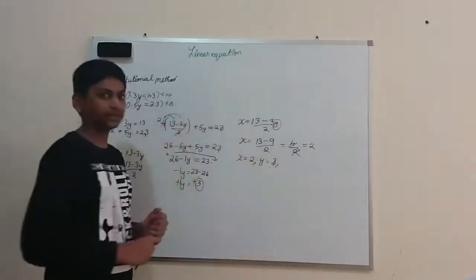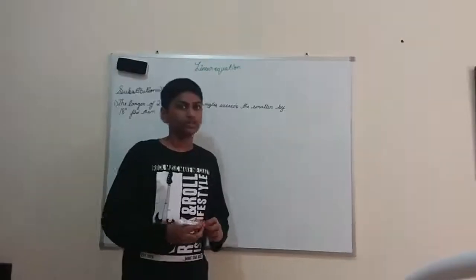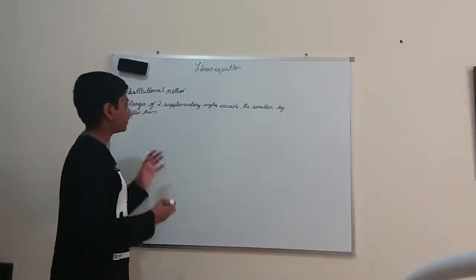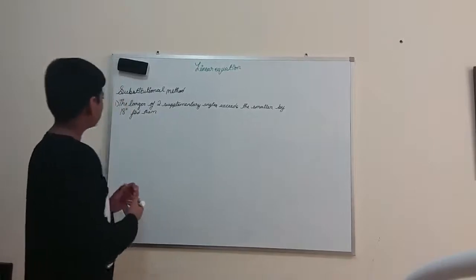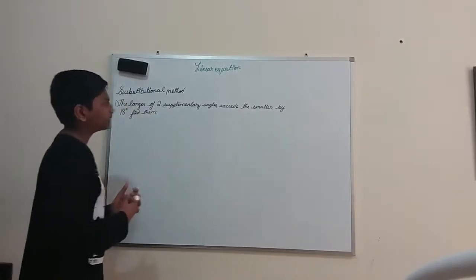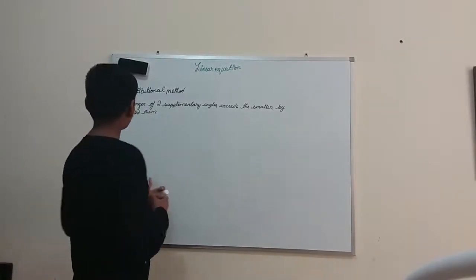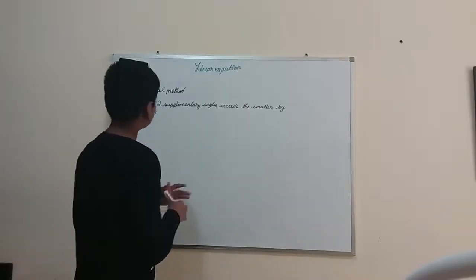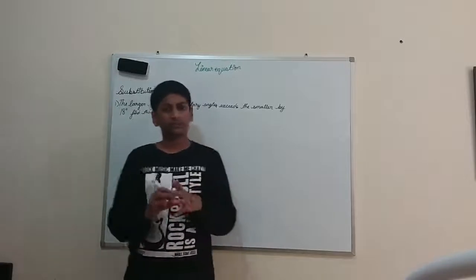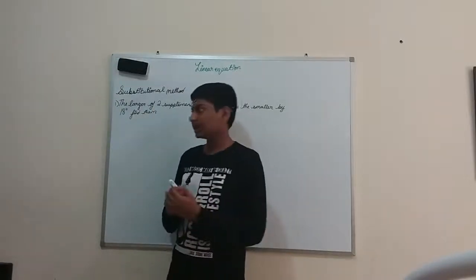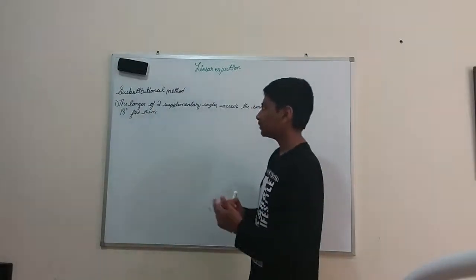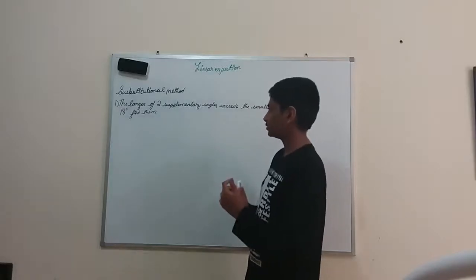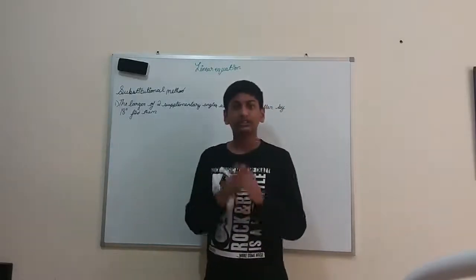Now let's solve some word problems. So now we have a word problem over here. The larger of two supplementary angles exceeds the smaller one by 18 degrees, find them. We need to gather the information from the given question. There are two angles which are supplementary angles.